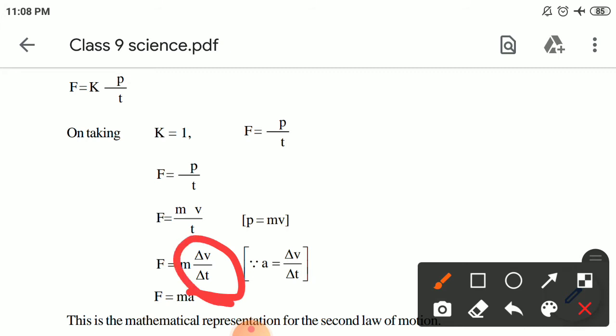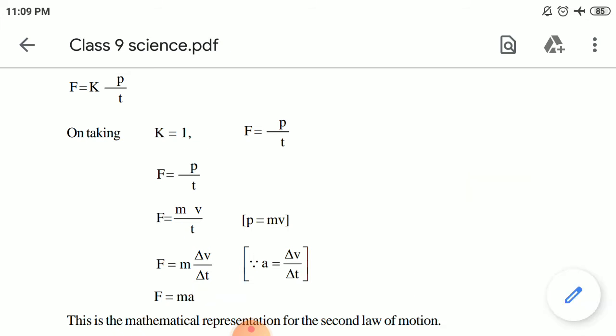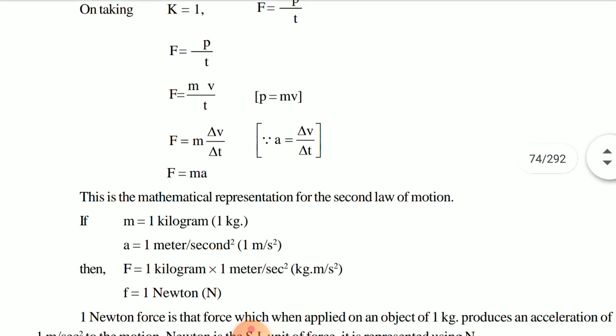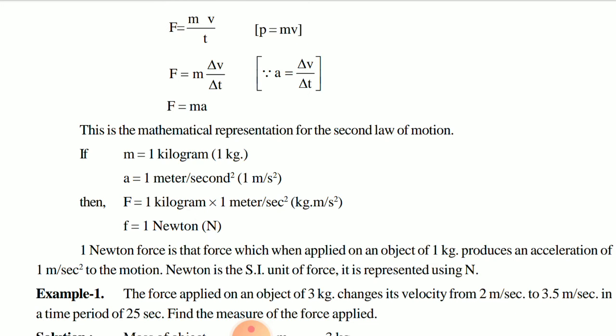So v upon t, that is acceleration, a equals v upon t. Acceleration equals velocity change upon time, that is final velocity minus initial velocity upon final time minus initial time. So we got the equation for the second law of motion: force equals mass into acceleration.